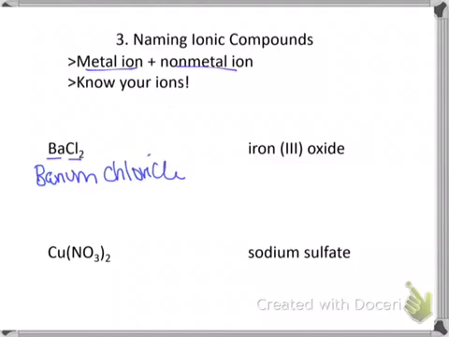Below it, I can see that this is the copper ion. I know that copper is a transition metal, so I'm going to leave some parentheses here because I know that I need to specify the charge of it. This ion is called the nitrate ion. I also know from memorizing my polyatomic ions that the nitrate ion has a -1 charge.